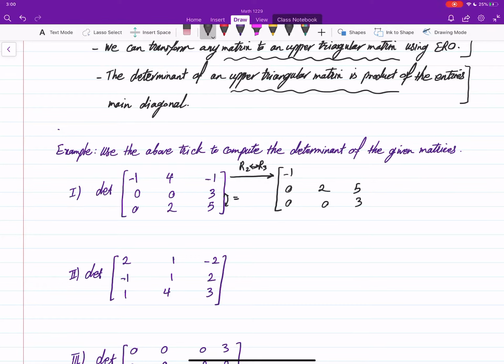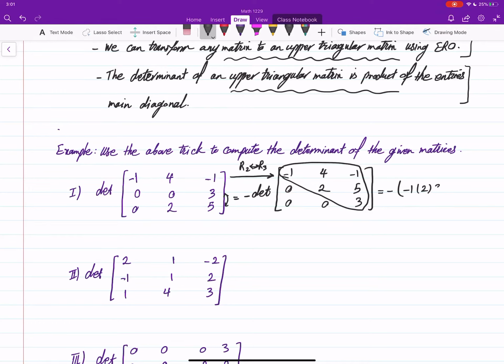The first row, however, stays the same. So this is the row operation, but how does that change the determinant? You have to multiply the determinant by a negative sign. Very nice. This is now an upper triangular matrix, and we know how to compute the determinant of an upper triangular matrix.